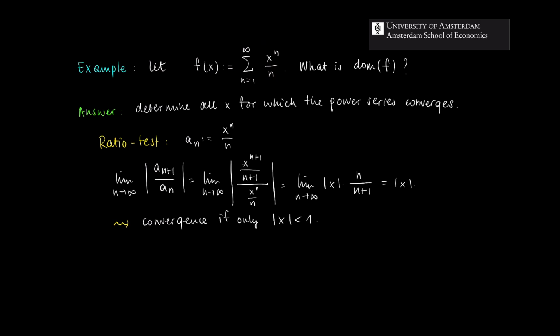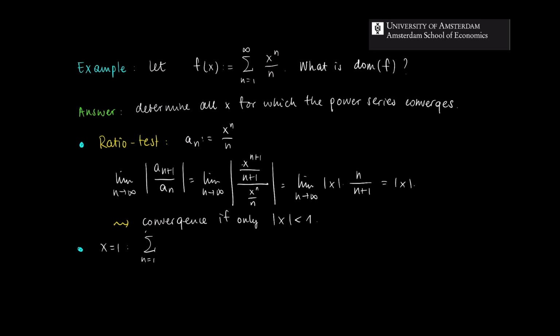Okay, now we're going to look at two specific values. We're going to try to expand the interval minus 1, 1 to the boundary points. So let's have a look at x equal 1. For x equal 1, what kind of series do we obtain there?